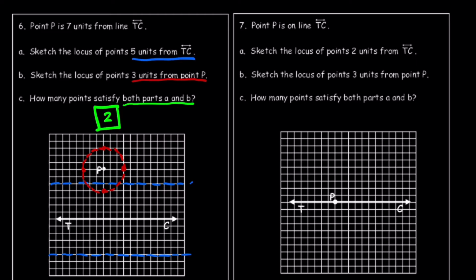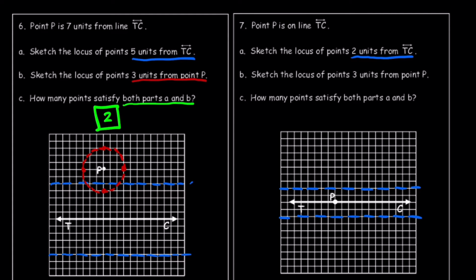Okay, moving on to number 7. Point P is on line TC. So there's point P. Here's line TC. We're going to do something very similar to what we did in the last problem. Sketch the locus of points 2 units from line TC. So that's important to understand. We're starting with the line. 2 units away would be a line up 2 units and a line below 2 units.